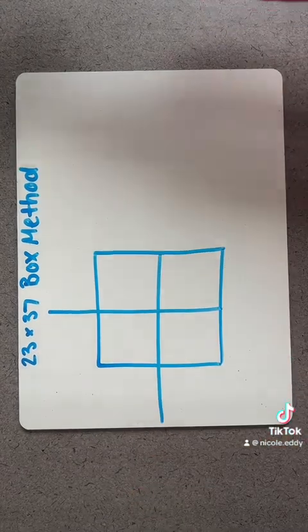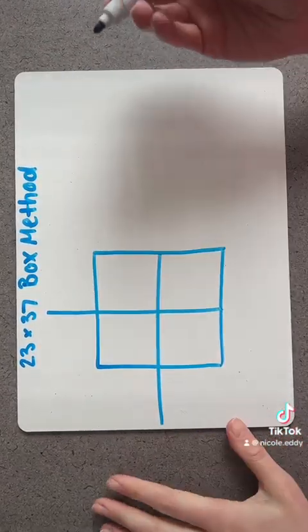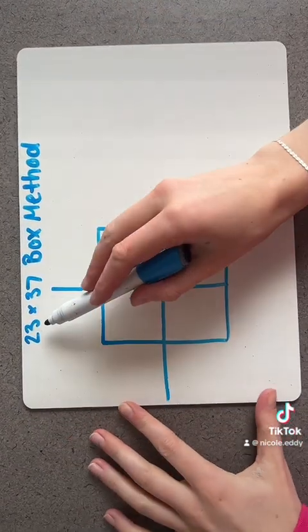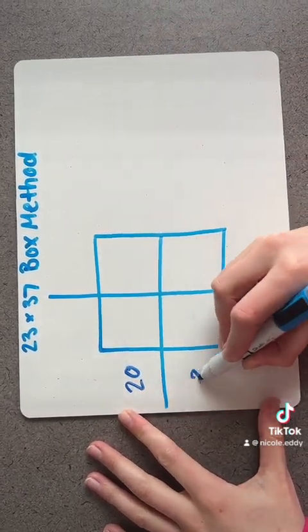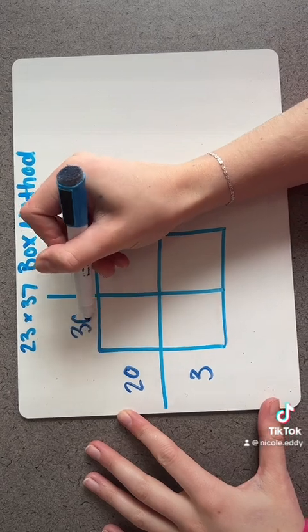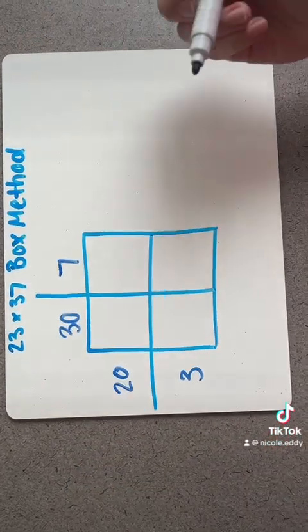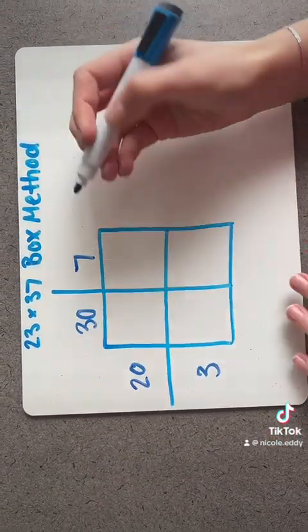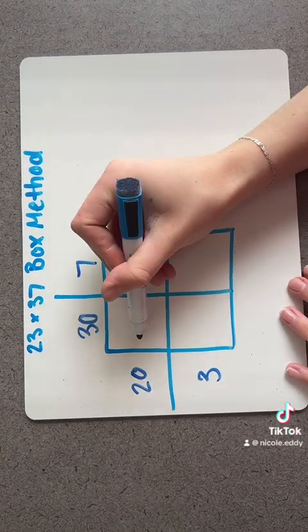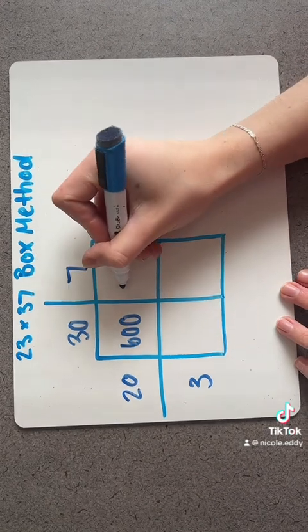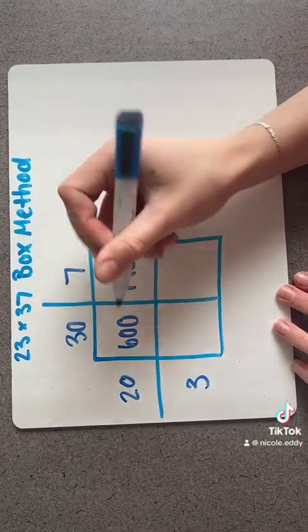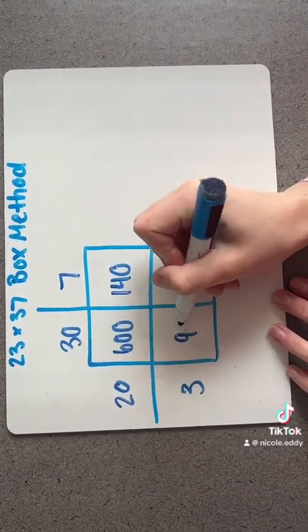So lastly, we're going to do our personal strategy, which is our box method. So we're going to break up 23 and 37 into 20 and 3 and 30 and 7. And then we're going to multiply them. So 20 times 30 is 600. 20 times 7, 140. 30 times 3 is 90.